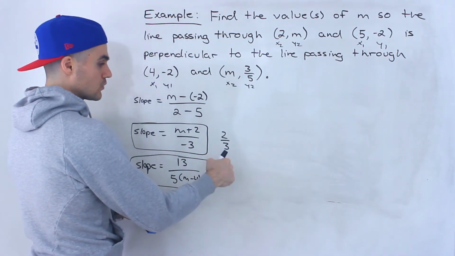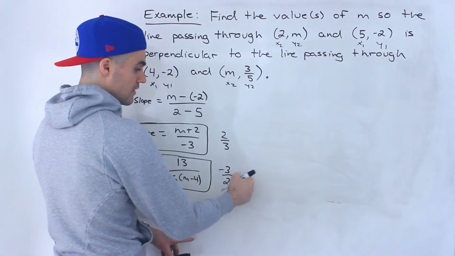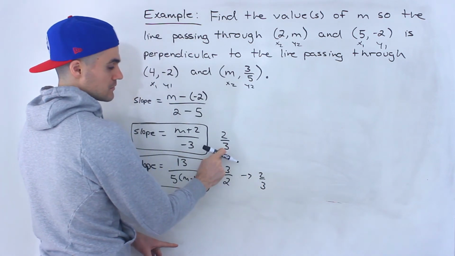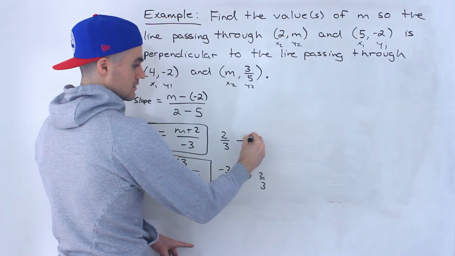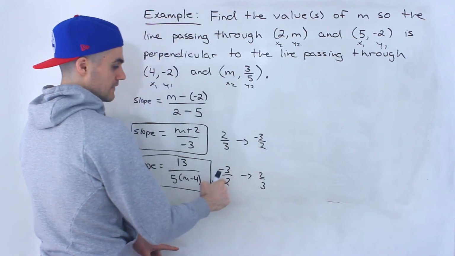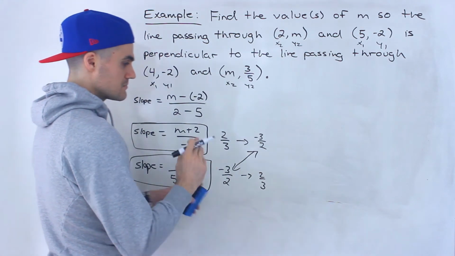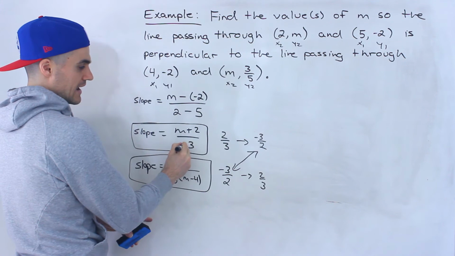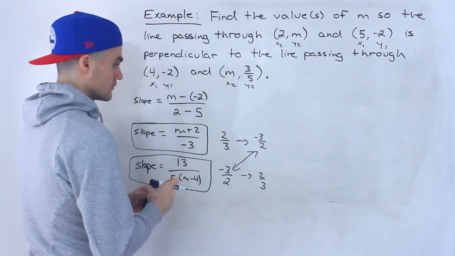So to make these slopes equal to one another, what we could do is either flip this and change the sign, which would be 2 over 3, which would make it equal to this, or we could flip this and change the sign, and then leaving this one, these would be equal. So it doesn't matter which way we go. I'm going to flip this one over here because we have a negative here, so when we flip it, it would just turn into a positive, which would be nice.